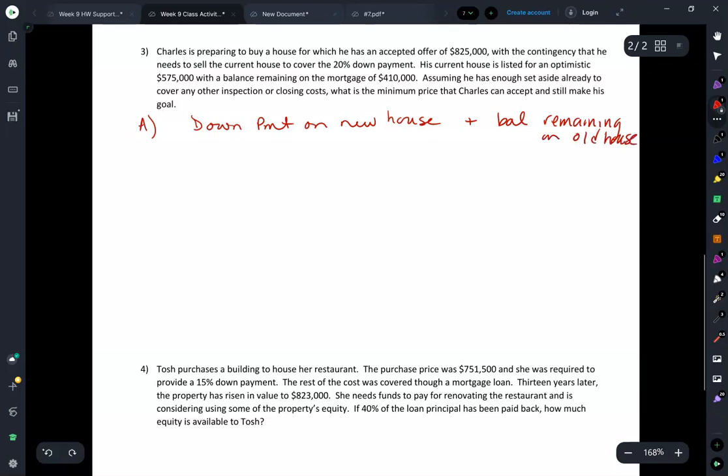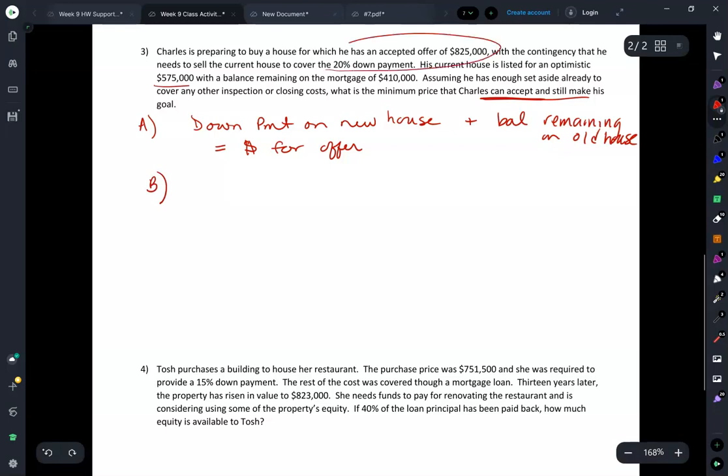So we're looking at the sum of that, which equals what he has to get for the old house. So, money for offer. Okay, so let's see how that lines up.